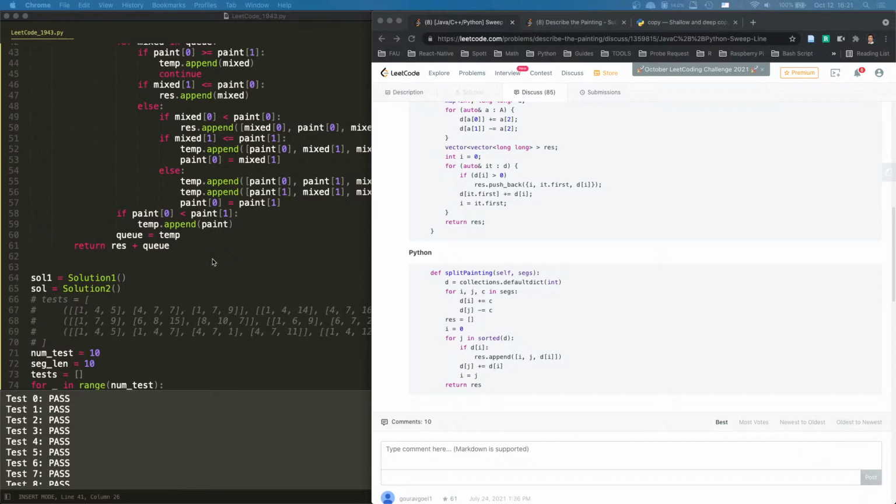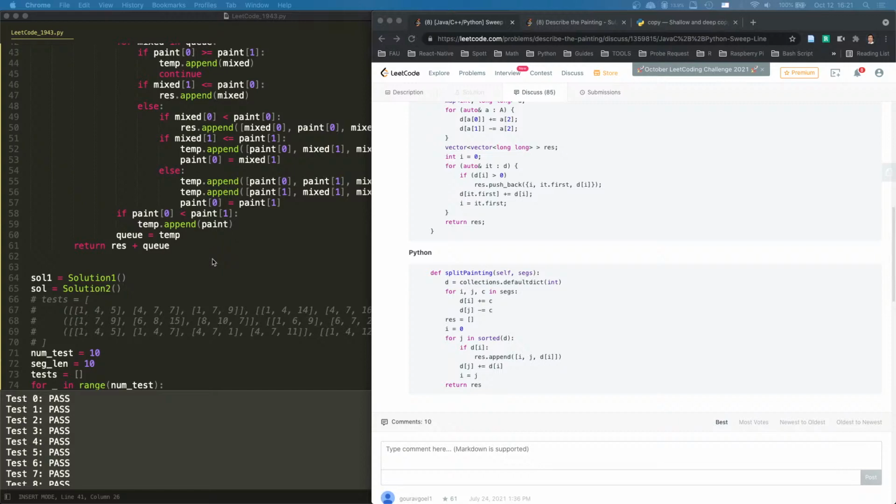And once we're done, dj, which is this one, plus equal di, that's going to be 16. i equals j, i becomes 4. Going back up, j comes out as 7. So 4 to 7 becomes 16. Right? And we append it, and then dj plus equal to di, which gives us 0.